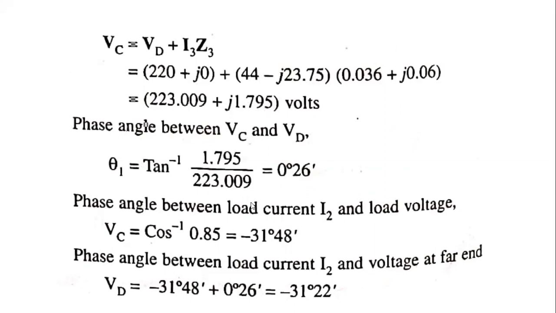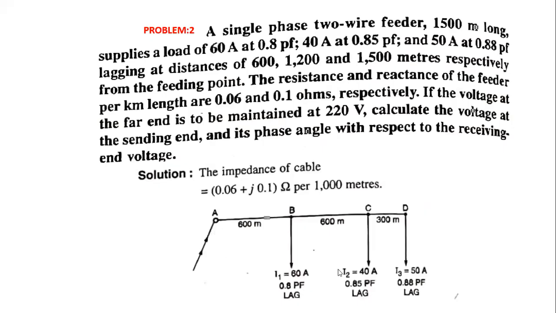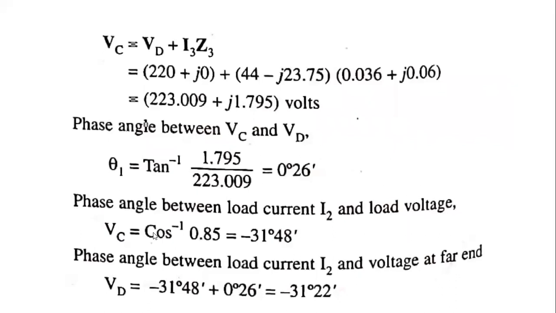Then the phase angle between the load current I2 and the load voltage VC is equal to cos inverse of, what is the power factor at point C? 0.85. Then phi C is equal to cos inverse of 0.85. Then we obtain the VC phase angle.